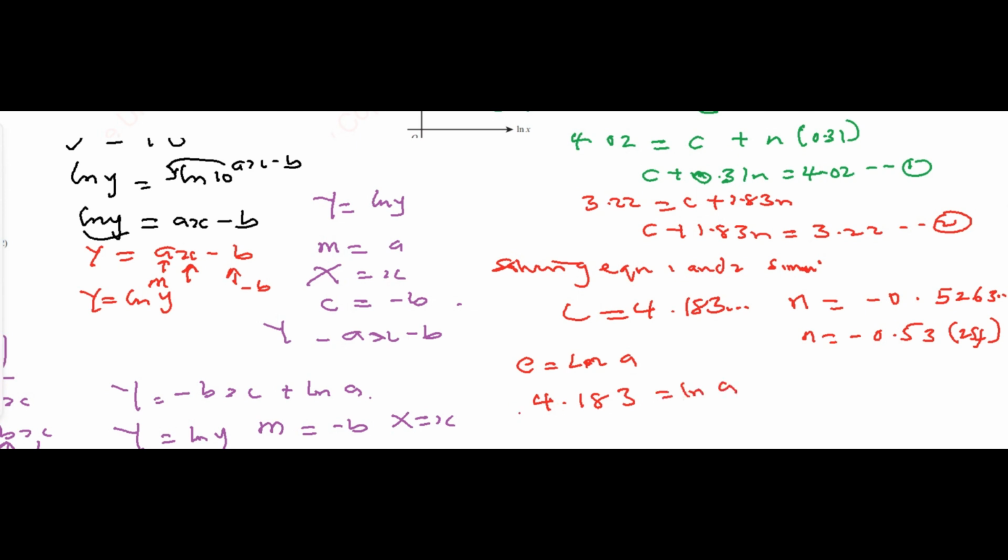So let me take the natural log of both sides. So a will be equal to e to the power 4.183, which will be 66 approximately. So my a is 66, while my n is minus 0.53 to 2 significant figures. So that's the answer to that question.